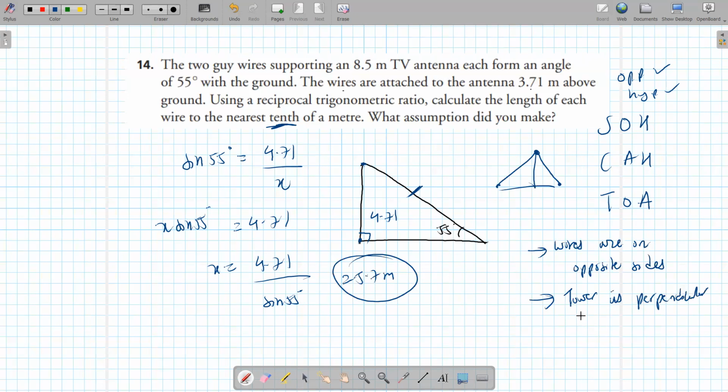Otherwise we can't use this. This is a very important assumption. The first one is whatever. The second one is important: the tower is perpendicular. If it was slightly slanted, then we would not have been able to solve this using SOH CAH TOA. We could solve it using sine law and cosine law, which I don't know if you remember.